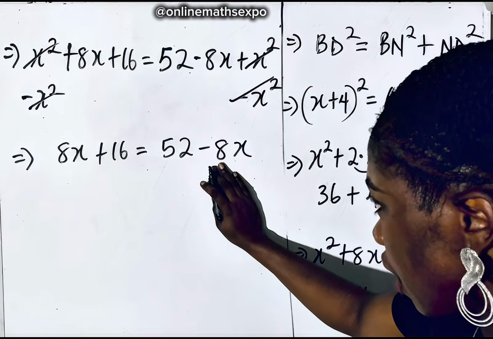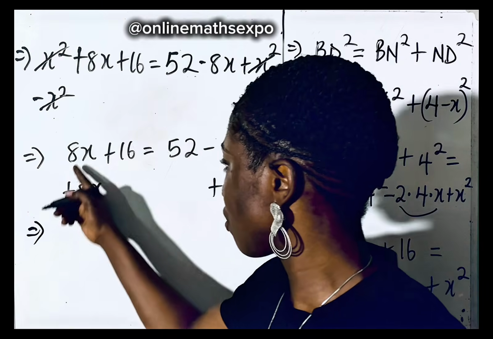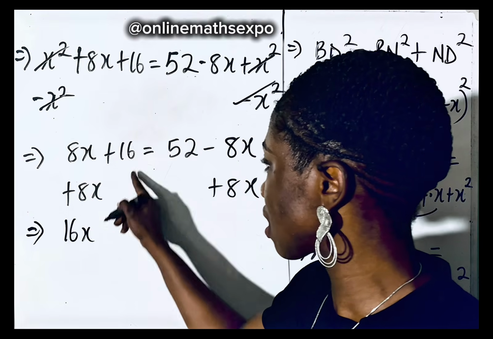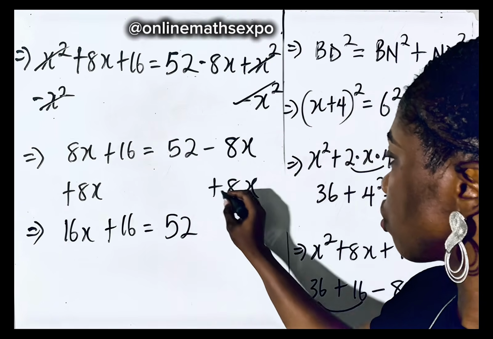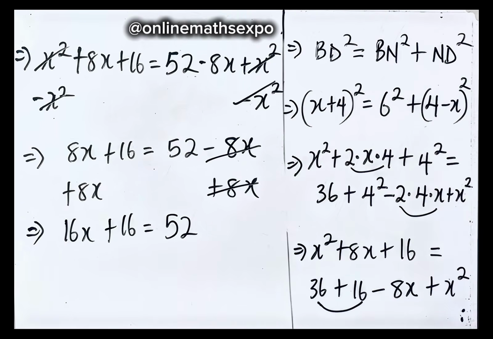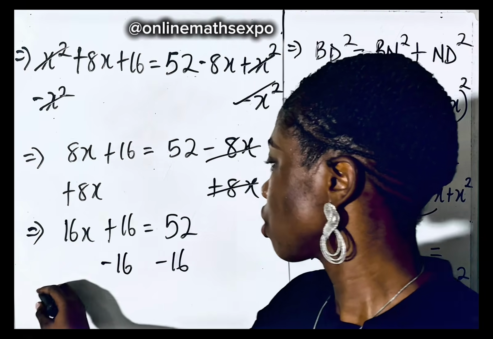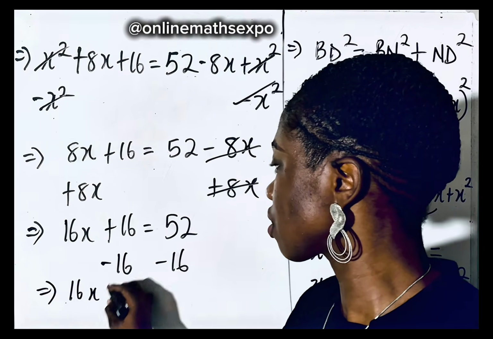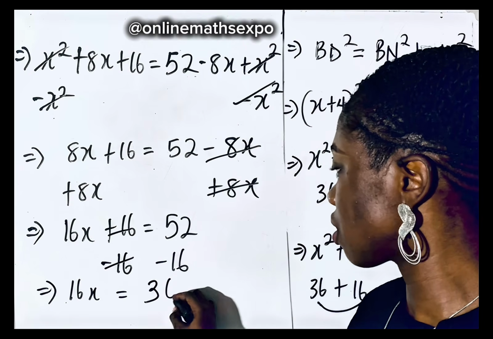To remove this negative 8x, add 8x to both sides. Adding this gives you 16x plus 16 is equal to 52. Subtract this, it is 0. To remove this plus 16, use the opposite, subtract. So we are going to have 16x, subtract this is 0. When you subtract this, it gives you 36.